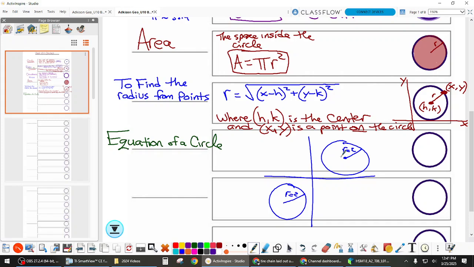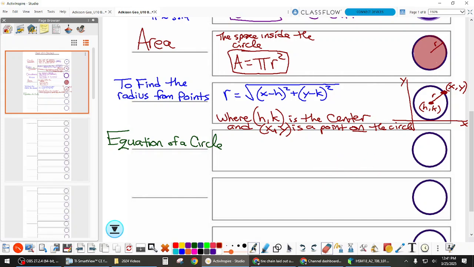Is all I'm asking. So do you see how, like with the line, we needed slope and y-intercept, and for a parabola we needed x squared and a y-intercept, and some other stuff that we didn't talk about. For circles, we need to know how big is the radius, because that keeps it the same size, and we need to know where in here it is. Okay? So when we write the equation, you should expect to see both of those things.